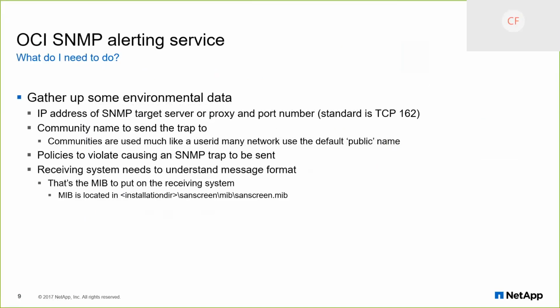It's all transmitted in clear text, and just by having a community name, at least in version 1, you could interact with the service. The default on almost every piece of networking equipment that comes out of the box is what they refer to as the public name, and many people just leave it at that. But you need to know the community name you want the trap to go to.